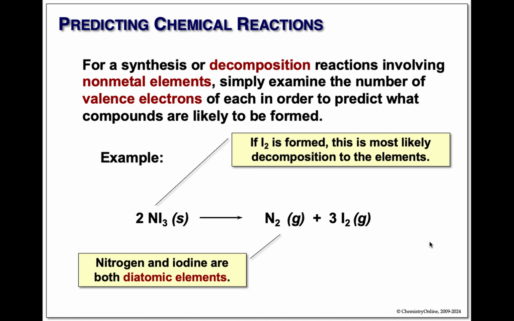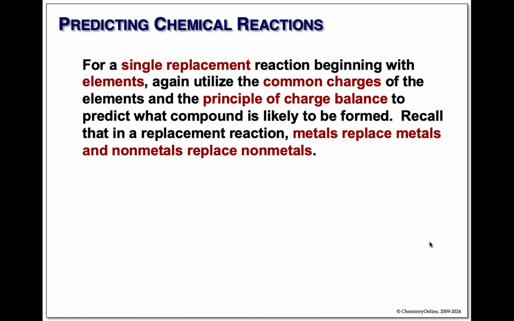All right, predicting single replacements. That's pretty simple. We're going to take an element and a compound and make an element and a compound. We remember metals replace metals, non-metals replace non-metals.